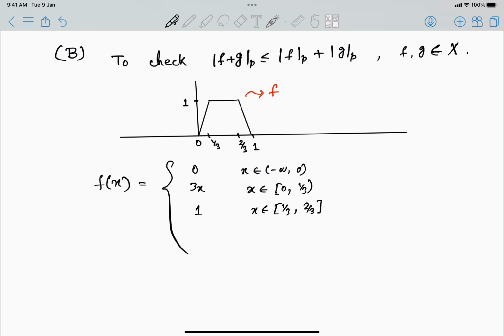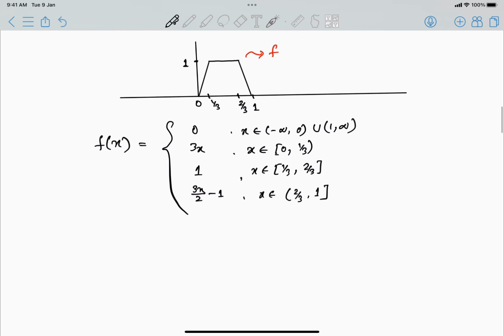Then again it is a linear function: at 2/3 it's 1, and at 1 it's 0, so it will be 3 minus 3x, for x belonging to [2/3, 1]. And again after that we have defined it to be 0, on [1, infinity), and make it closed, because at the endpoint it will agree in value, so it does not matter.